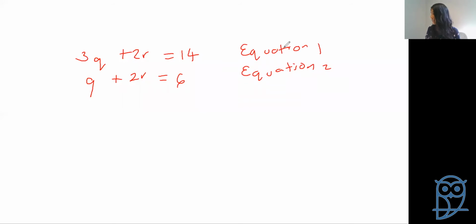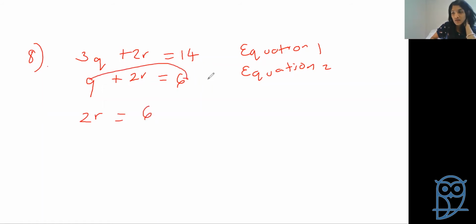Now, guys, let's just quickly make sure that everybody is on the same page and everybody is calculating. You guys are all on page 88 and we're still busy on exercise 9.3b, and now I'm on number 8. We said this is equation 1 and equation 2. Starting with equation 2, I'm going to start off with 2r is equal to 6 minus q.